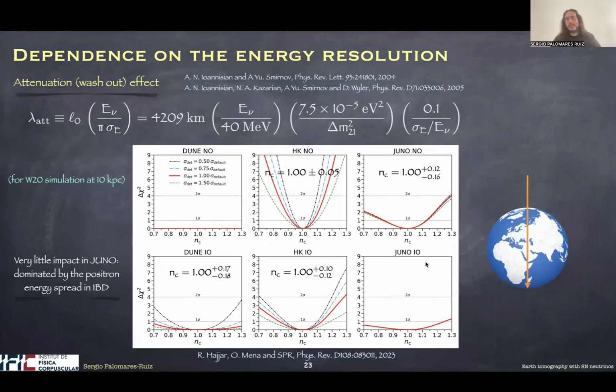This is not the case in JUNO, because its superb energy resolution is actually better than the intrinsic kinematic dispersion of the positron, which is detected in inverse beta decay, the main detection channel. So even if we improve the energy resolution in JUNO, this would not significantly affect the results.